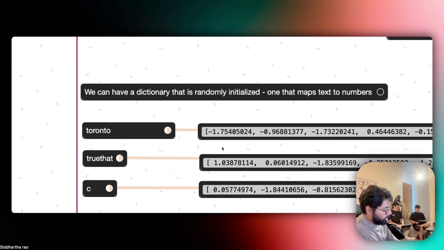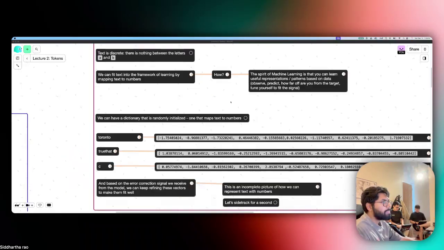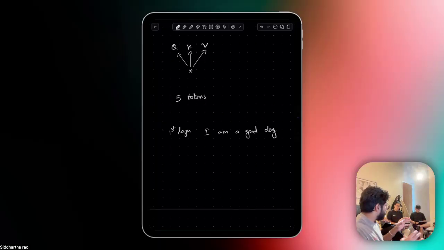If your sequence length is 5 tokens, let's say "I am a good dog," that's 5 tokens almost, because we can assume it tokenizes word-wise.